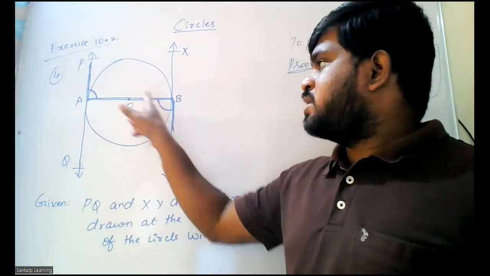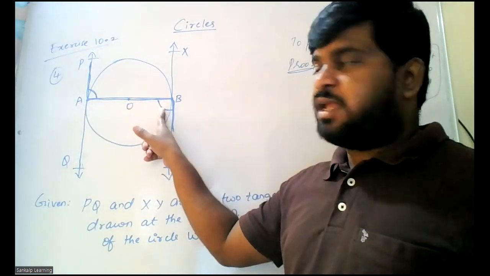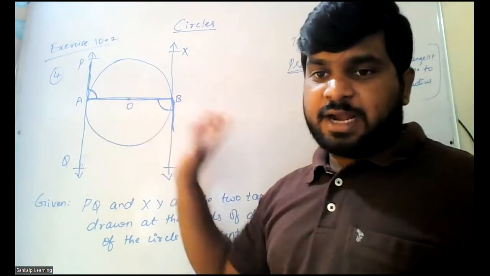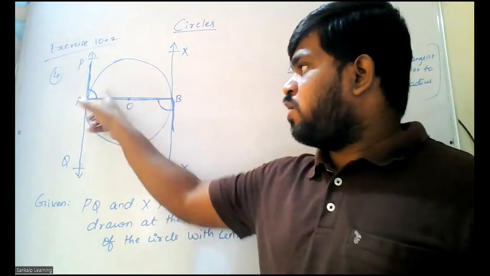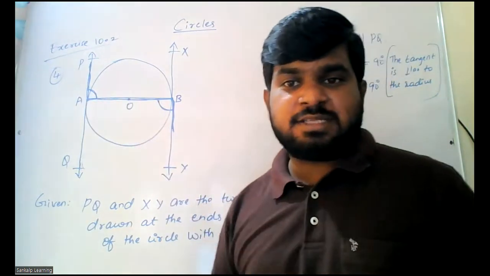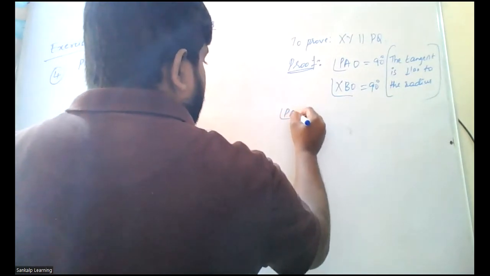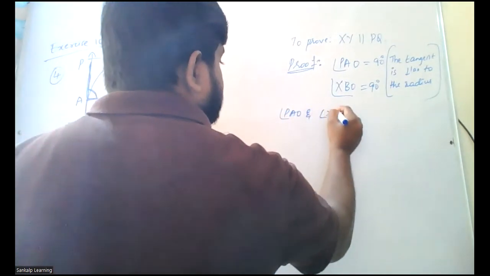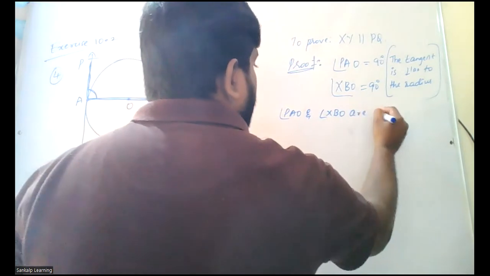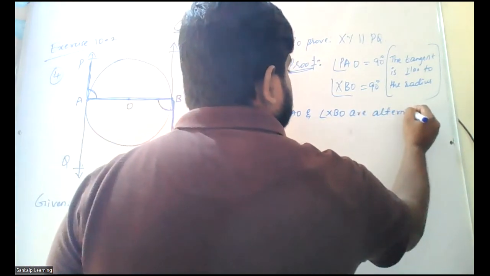Now these two angles, this is also 90, this is also 90, and these two are alternate angles. Therefore, they are equal. Alternate angles are equal. If alternate angles are equal, lines are parallel. Angle POA and angle XBO are alternate angles.